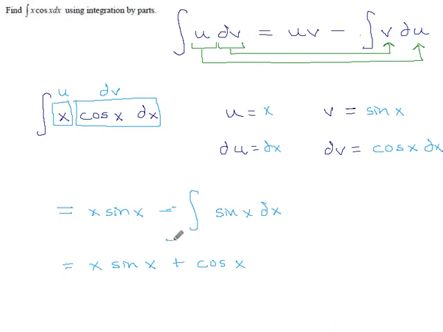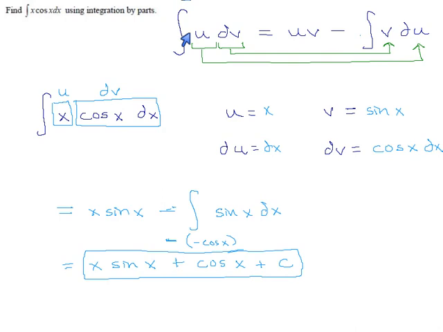Or if you do this in fewer steps, we have this negative out here, and then the integral of sine x is negative cosine x, and then the negatives cancel and you get to here. And because this is an indefinite integral, don't forget your c, and now we win.